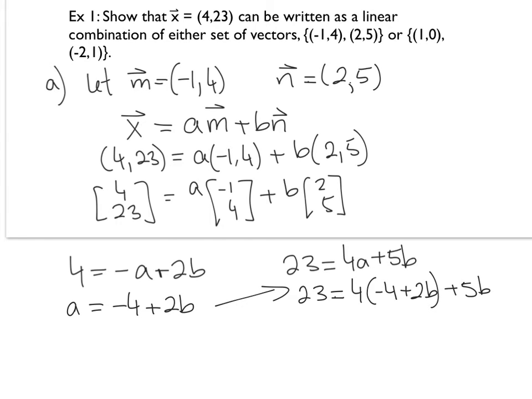And now you have an equation that's all b's. That's what you want, one equation with one variable, so now we can solve for b. When we expand this, we get negative 16 plus 8b plus 5b, and that gives us 39 is equal to 13b.